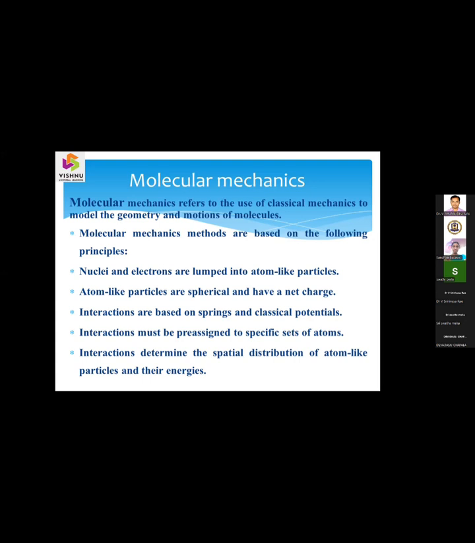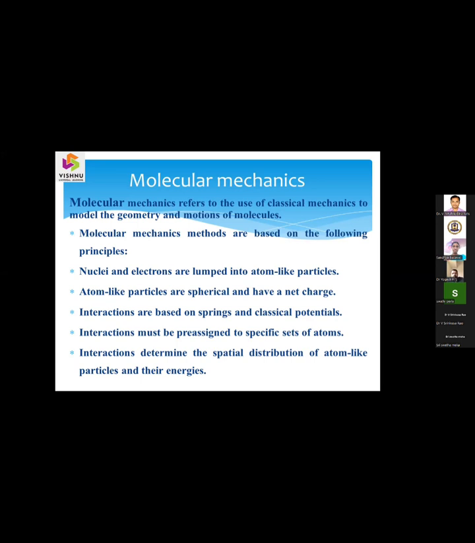Molecular mechanics methods are based on the following principle: we all know that the nuclei and electrons are put into atom-like particles. These atom-like particles are spherical and have a net charge. Interactions are based on springs and classical potential, where an atom having a particular net charge can easily undergo interactions. Interactions must be pre-assigned to a specific set of atoms, so for the atoms present in the receptor site and the ligand, we have to assign particular interactions.